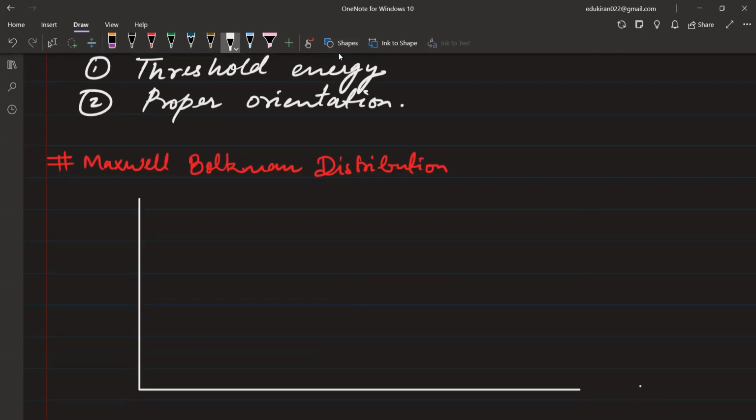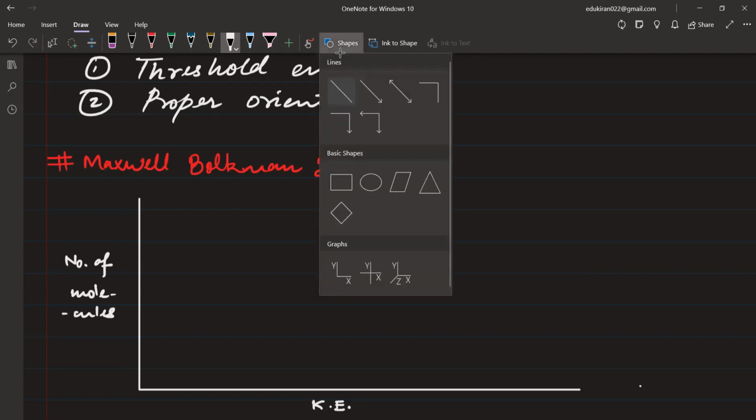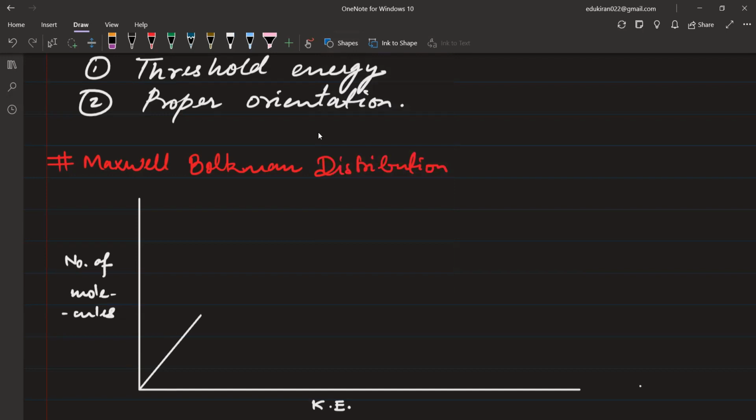This is a graph of the kinetic energy of the molecules, and on the y-axis we have the number of molecules. So the graph looks something like this. Here, generally, we have kind of a straight line. Then there is a bit of curve like this.